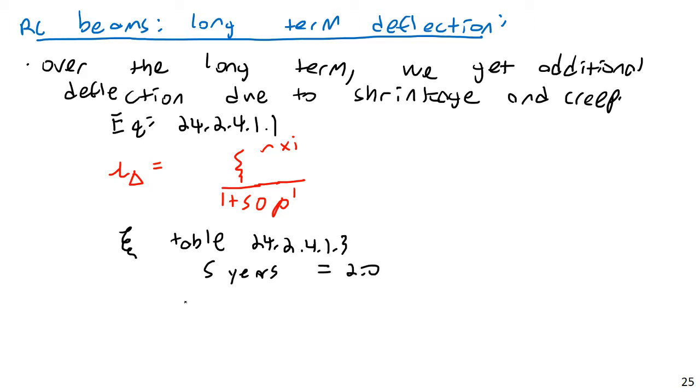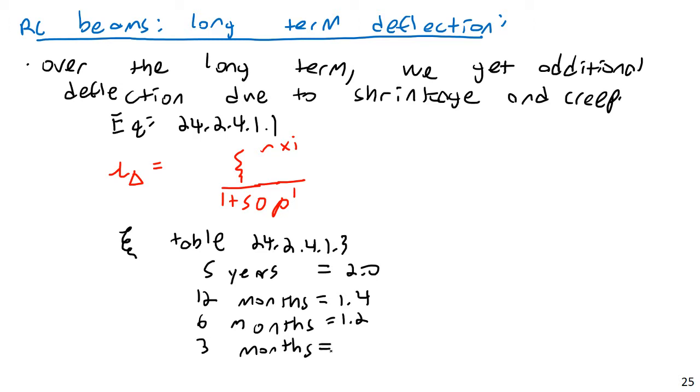If you're looking at 12 months out, this will equal 1.4. 6 months, this will equal 1.2, and 3 months from the initial loading, this will equal 1.0.